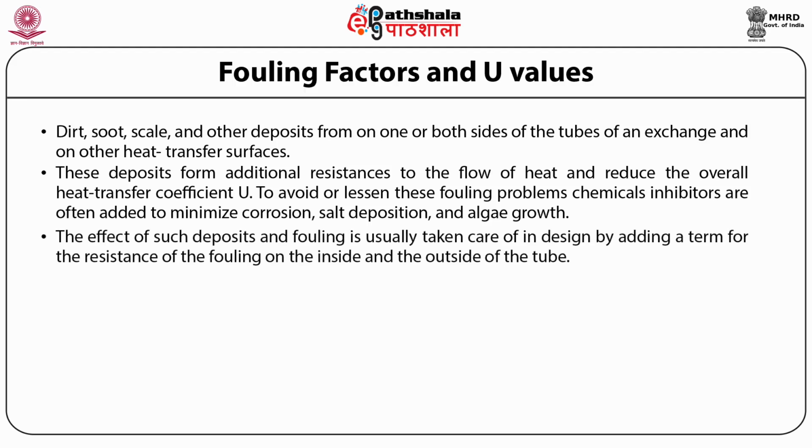The effect of such deposits on fouling is usually taken care of in design by adding a term for the resistance of the fouling on the inside and the outside of the tube. So, 1 by Rfi, that is the fouling coefficient for the inside of the tube, is 1 by Ai into HDI.